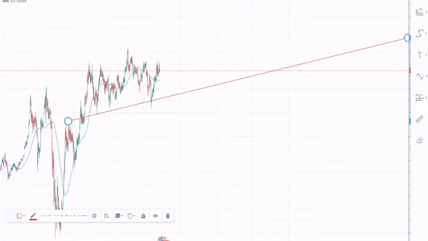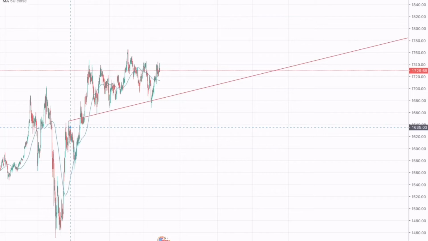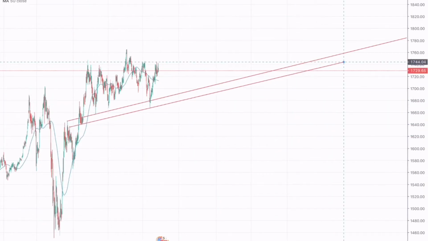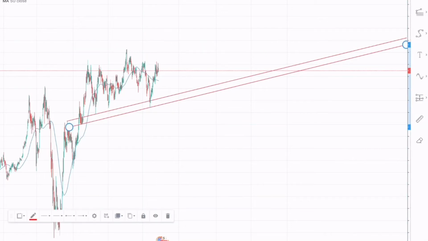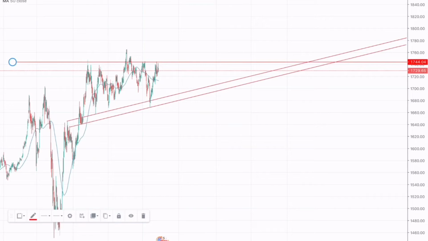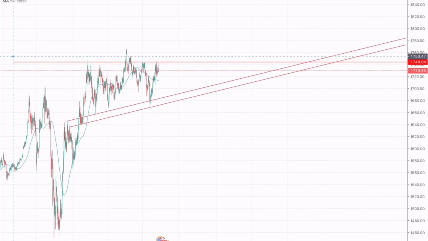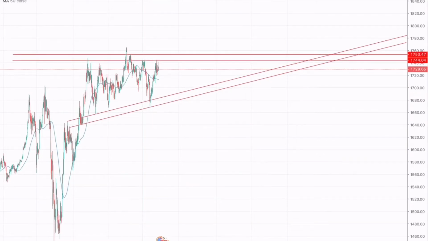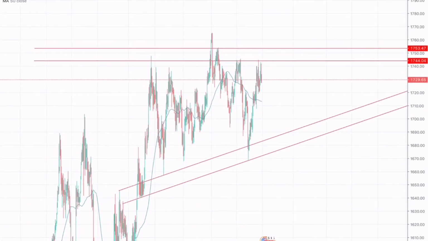Let me draw that in a zone so it's more clear, somewhere around here till here, and this would be the resistance of the triangle. Here to here.